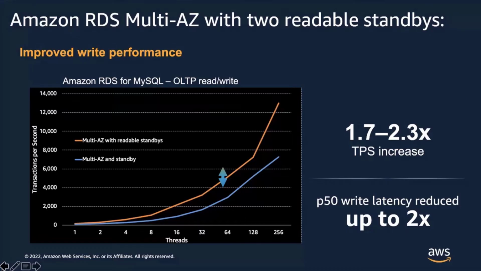But in this case, it's driving the database really, really hard. And as you can see from the chart here, as the number of threads goes up, you can see the TPS increases by 1.7 to 2.3x in case of Multi-AZ with two standby instances. And we also observed reduced latency by about 2 times.